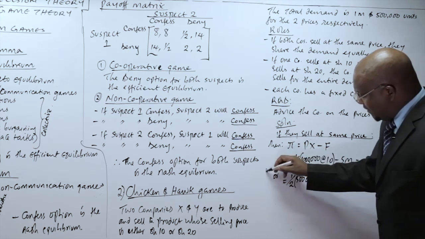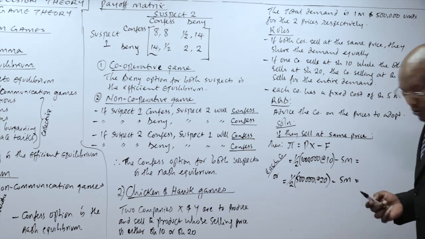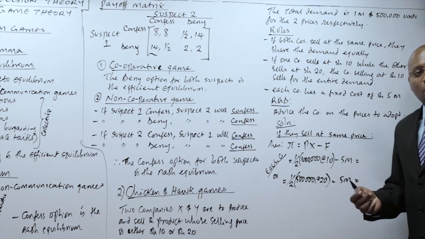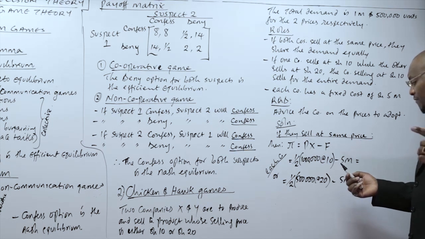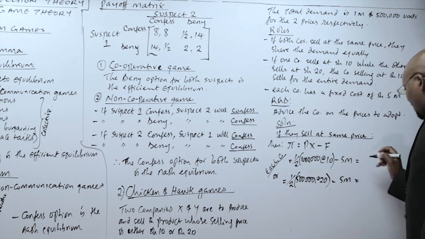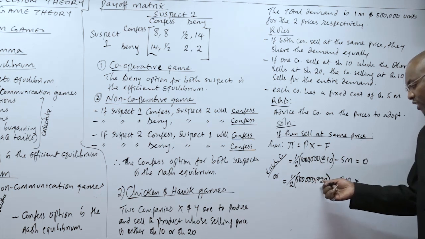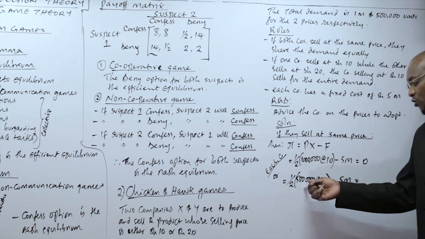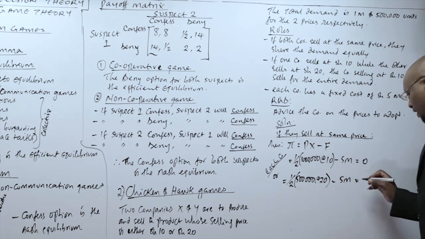Now each company will have the following. You will sell half of 1 million, which is 500,000 times 10, which is 5 million. 5 million minus 5 million, you get 0. And even if you sell at a higher price of 20, and you sell half of 500,000, which is 250,000, times 20 is 5 million, minus 5 million, you get 0.